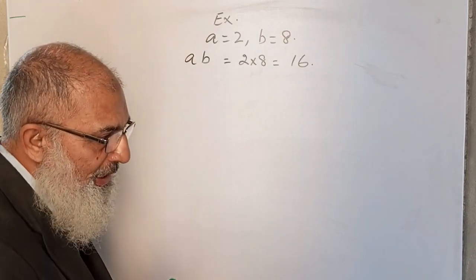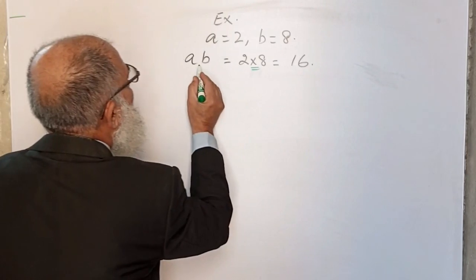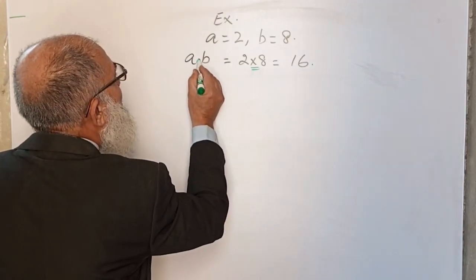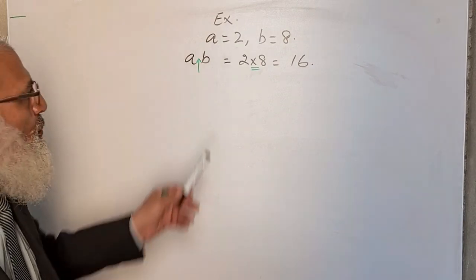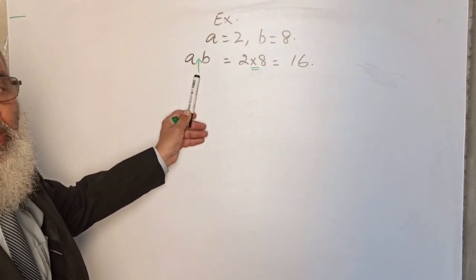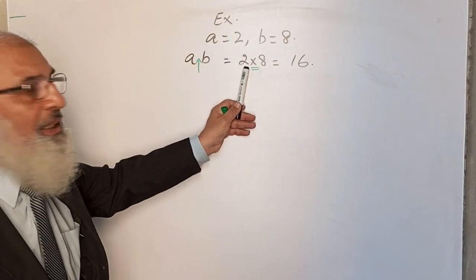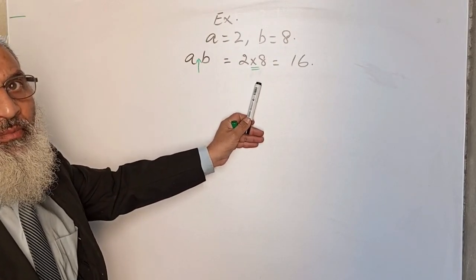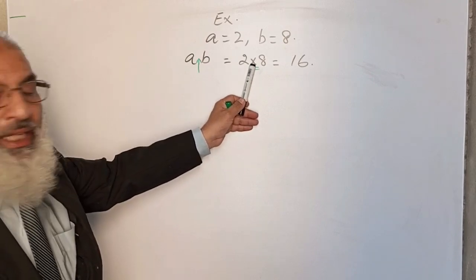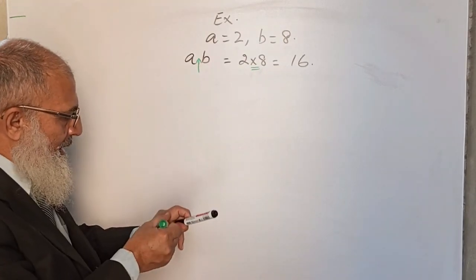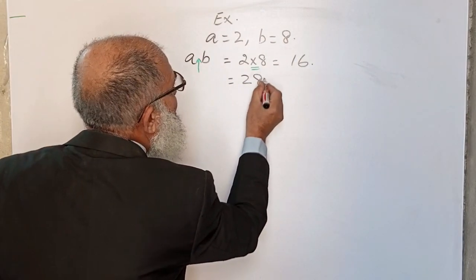You notice that I have put a multiplication sign. Here the multiplication sign was abolished, as you know. But when I write the numerical numbers, I put it again, because if I write it like this, it will be 28.